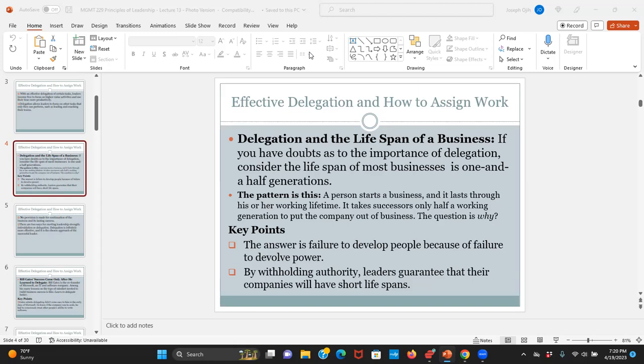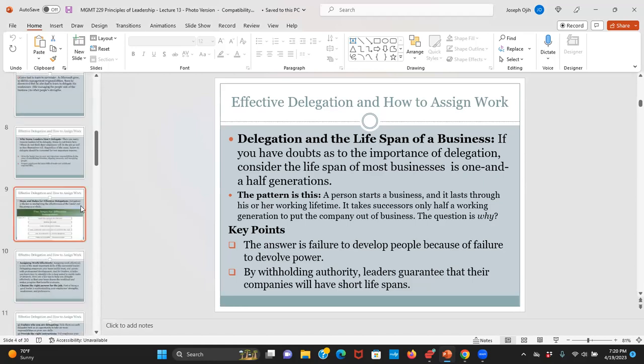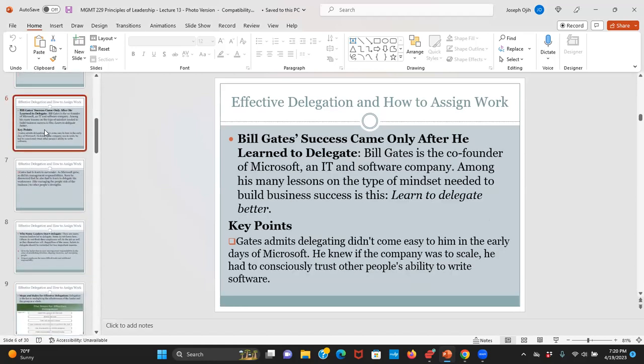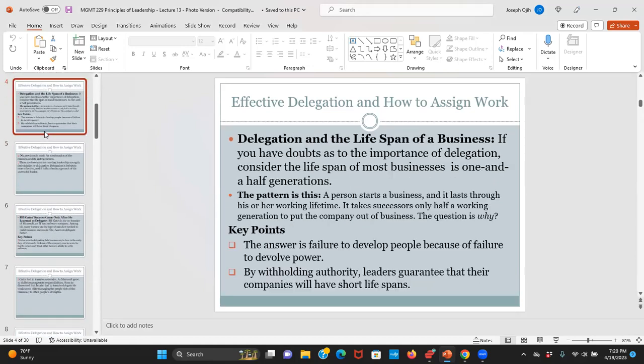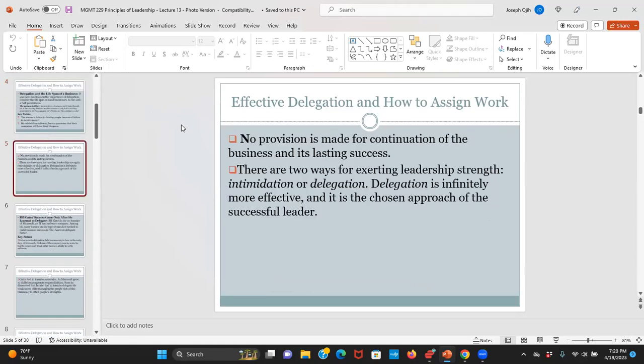And the next one being that there is actually a problem when a leader is unable and unwilling to develop others through effective delegation. What does it mean?